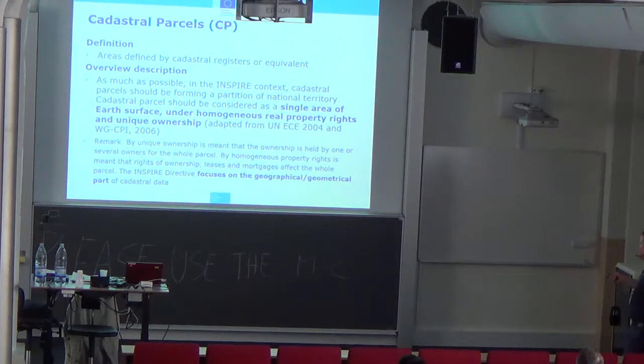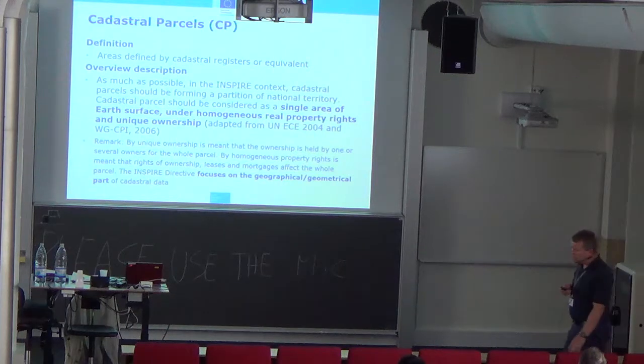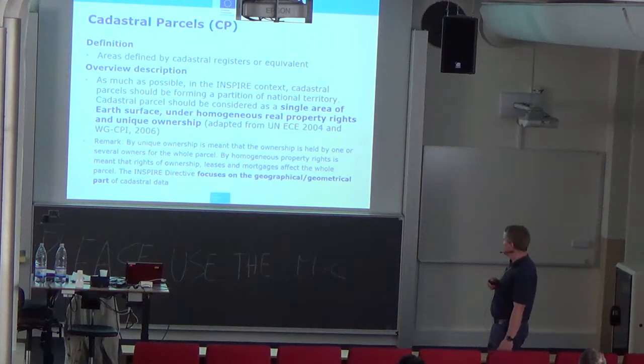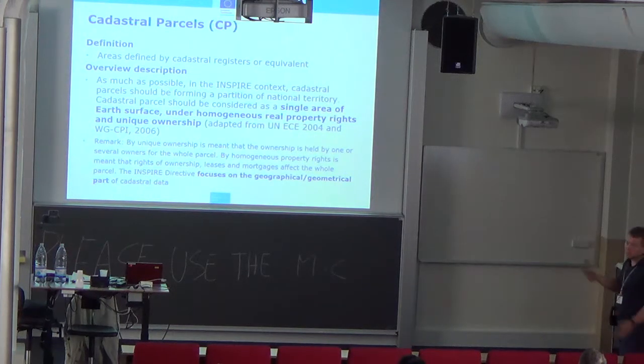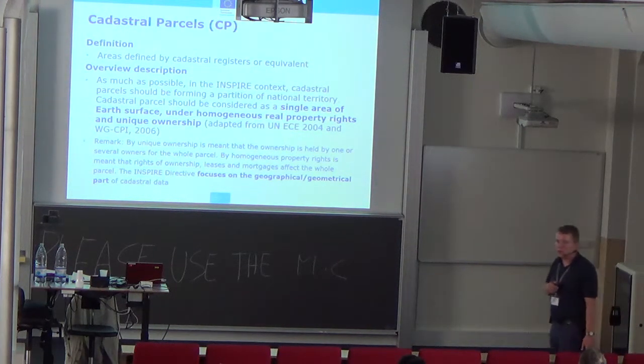whole parcel. And what is really important is that the Inspire Directive really focuses only on the geographical or geometrical part of cadastral data. So member states are not obliged to provide any information about ownerships and mortgages and such things, but of course if they want, it's up to them, so they are free to do so.